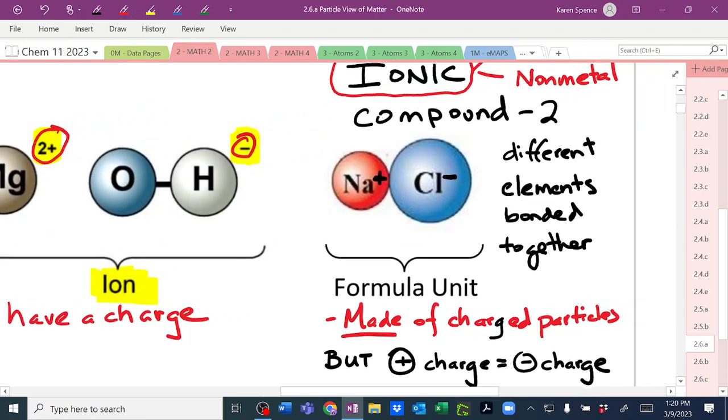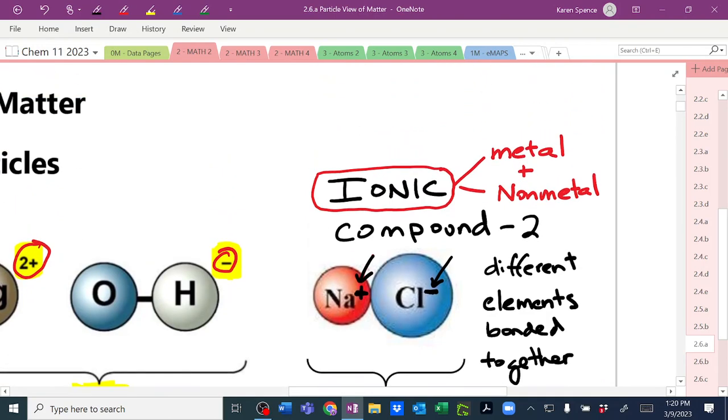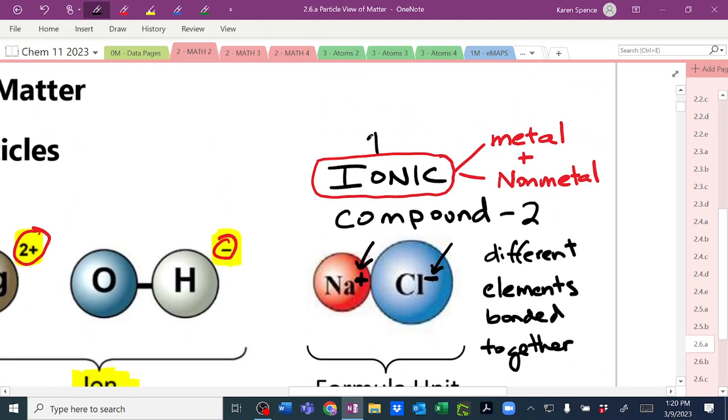What do you notice about sodium and chloride? They have a positive charge and a negative charge. This is an ionic compound because it is made out of, what's it made of? Ions. Oh, imagine that. An ionic compound is made out of ions. Shocking, I know.